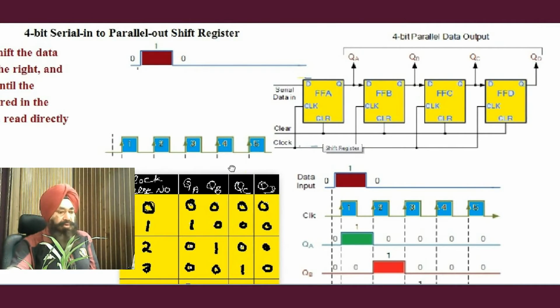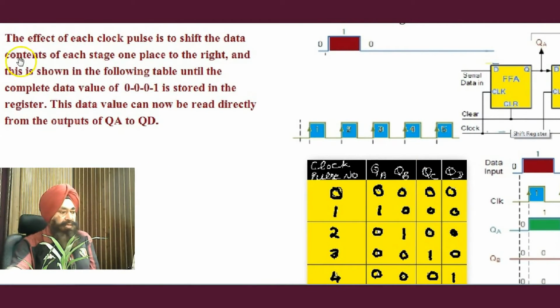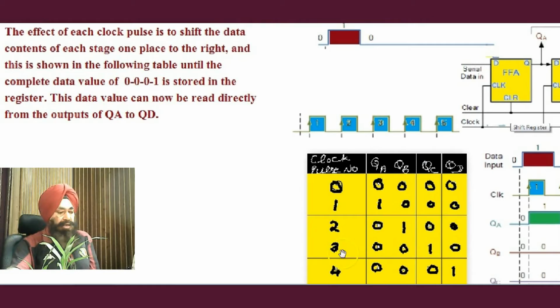Now the conclusion is the effect of each clock pulse is to shift the data content of each stage one place to the right, and this is shown in the table below, until the complete data value 0001 at the end of the fourth pulse is stored in the register.